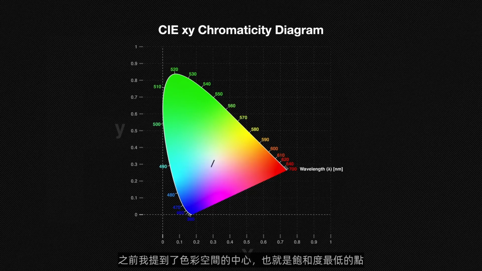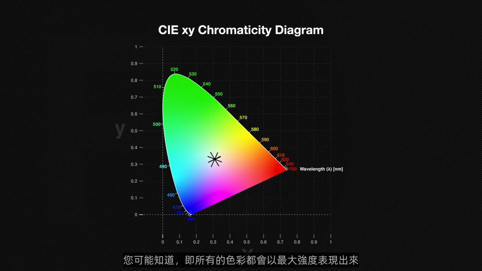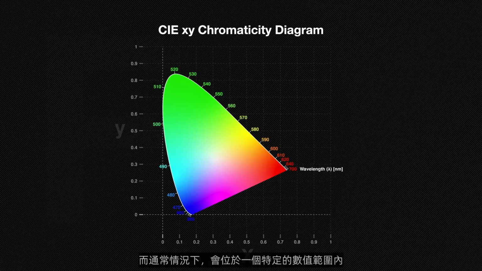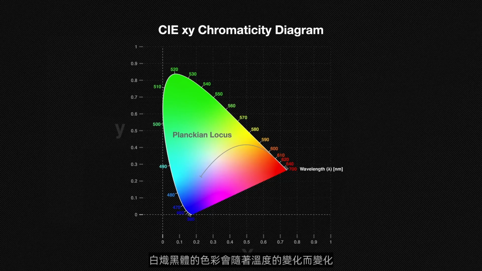Before I mentioned the center of the color space, the point of lowest saturation, it will define the aspect of the white color, which is, as you probably know, all colors manifesting at their maximum intensity. But that center is arbitrary, and usually is going to be calculated within a particular range of values, the arc known as the Planckian locus. It represents, within the spectral locus, the path that the color of an incandescent black body will take as its temperature changes.